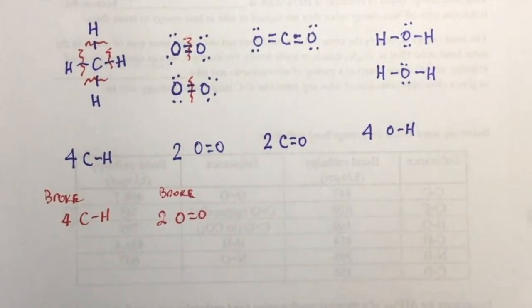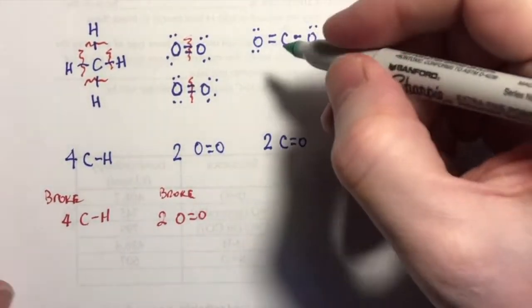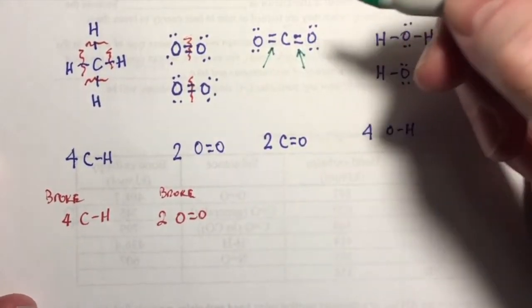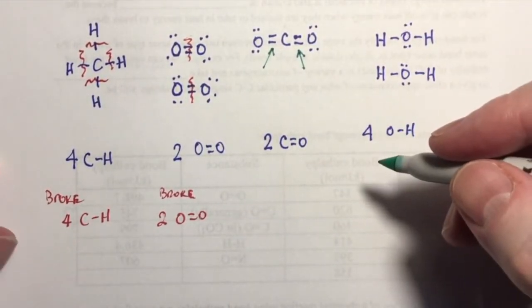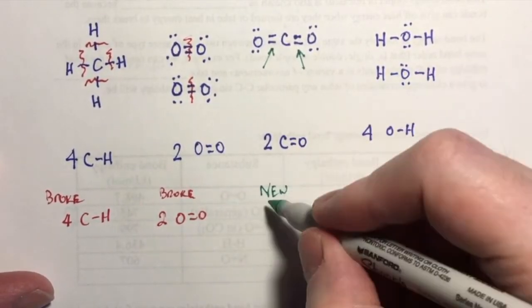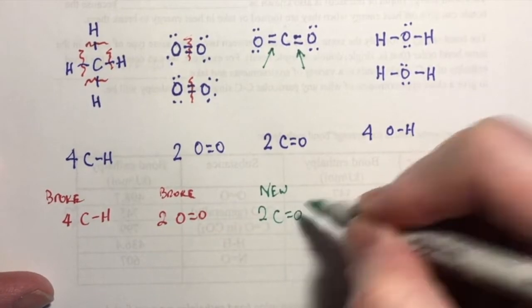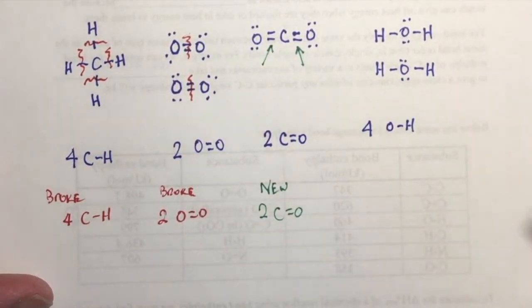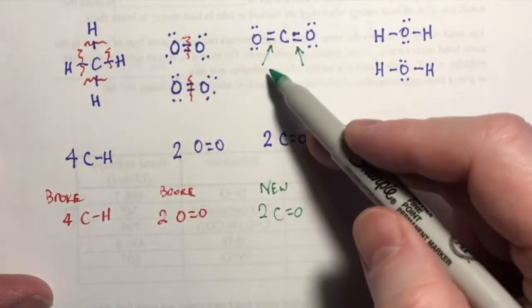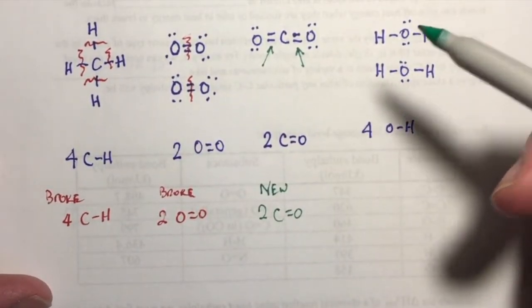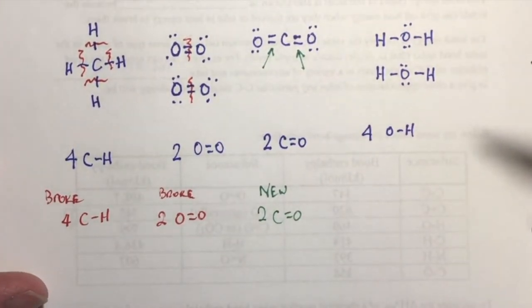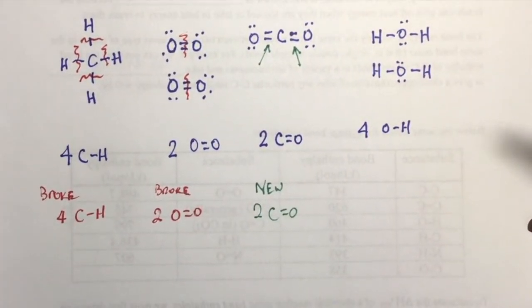And for this video, I'm going to use green and just point a little arrow to say, hey, I want your attention here, because look, these are new bonds. So new bonds, 2 carbon-oxygen double bonds, right? See how I'm distinguishing between breaking a bond and pointing out that a new one is formed? The squiggly line breaking the bond, and the arrow pointing to something that has newly appeared.